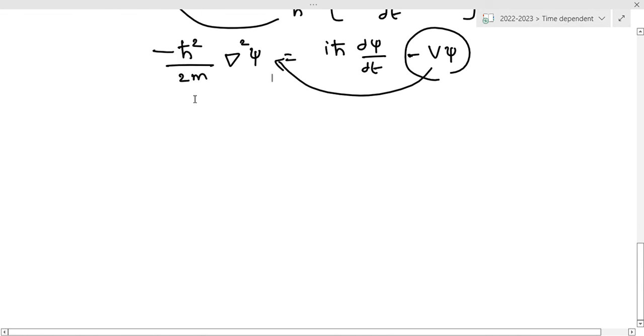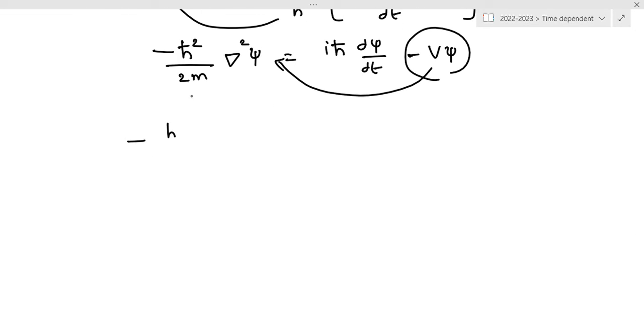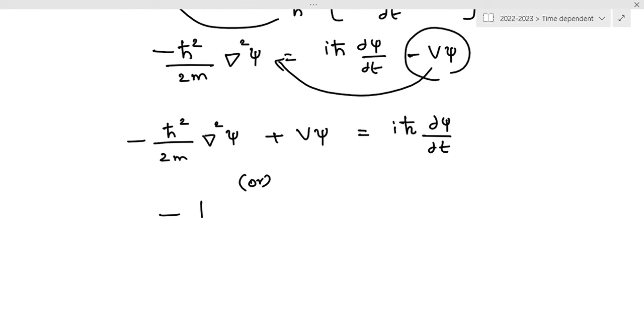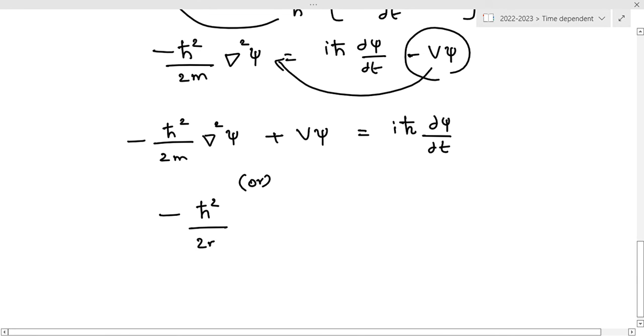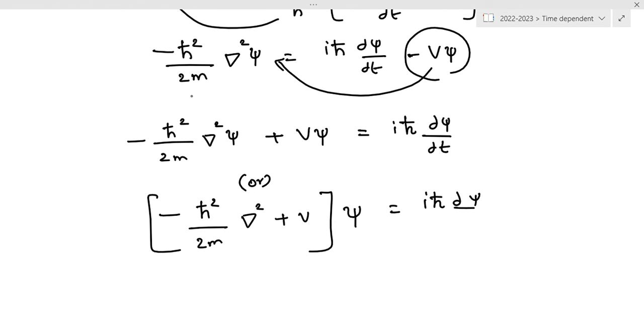On the left-hand side we get minus h cross square by 2m del square psi plus V psi is equal to i h cross dou psi by dou t. So this can also be written as minus h cross square by 2m del square plus V, into psi, is equal to i h cross dou psi by dou t.